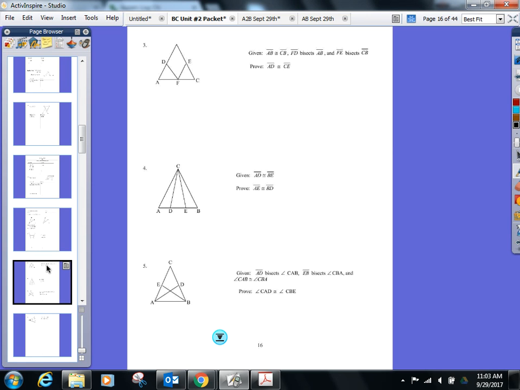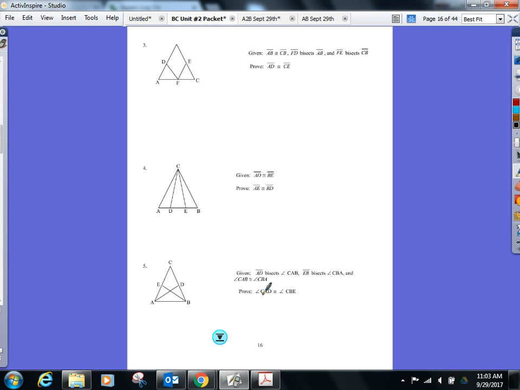All right, for number 4 and number 5, what word pops up again? Bisect. So hopefully you put somewhere in your proof halves of equal quantities are equal, but you were not given half statements, so you had to write them on your own. So here are your half statements. Half of CAB is CAD.